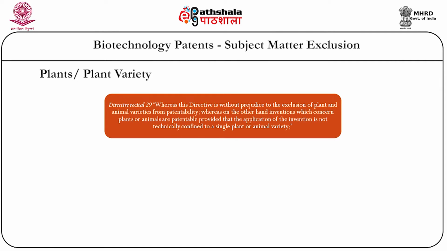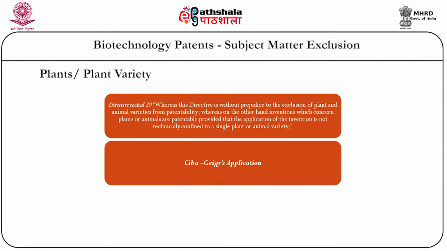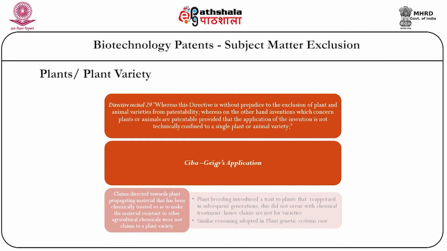Now, one of the applications, Ciba-Geigy's application, had claims directed towards plant propagating material that has been chemically treated so as to make the material resistant to other agricultural chemicals. The question was whether or not these claims were directed to a plant or plant variety.